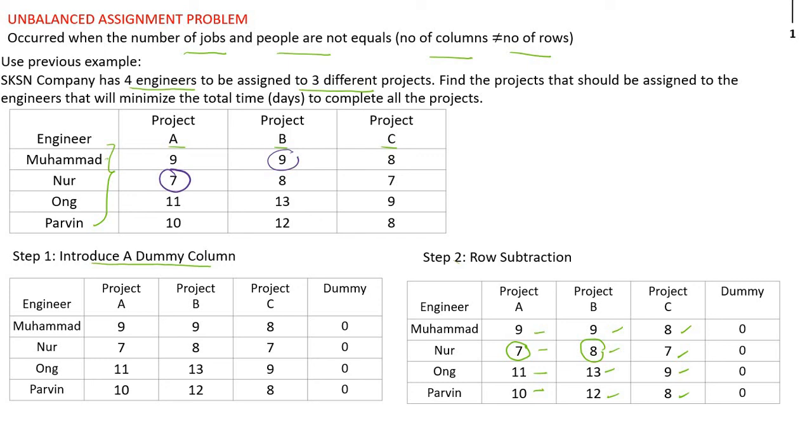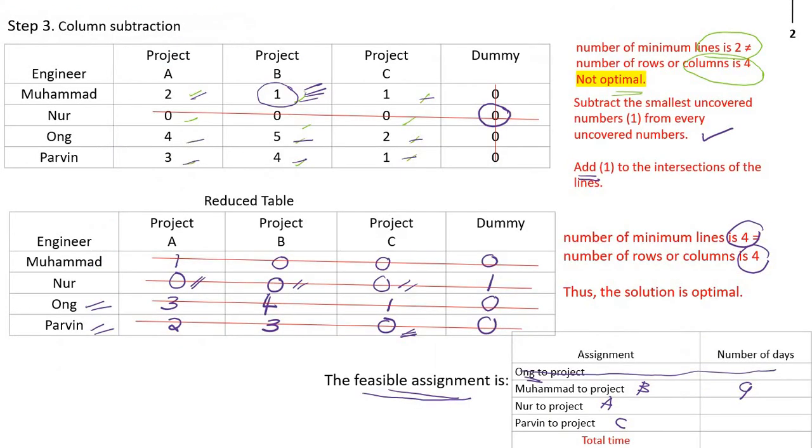And Parvin project C, which is 8 days. So the total time is 9 plus 7 plus 8, which is 24 days. This is our solution for this question. Thank you.